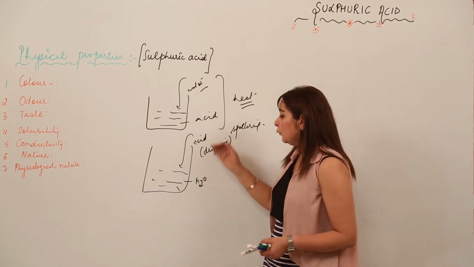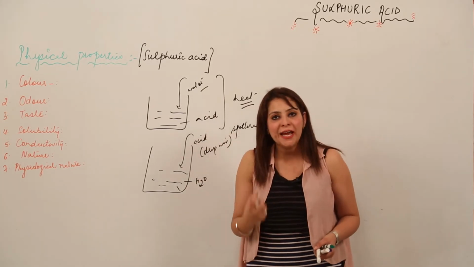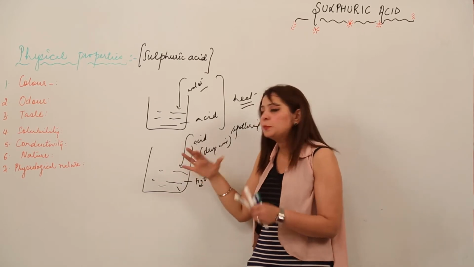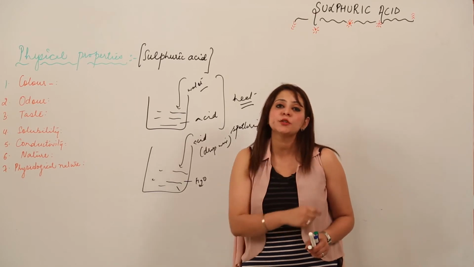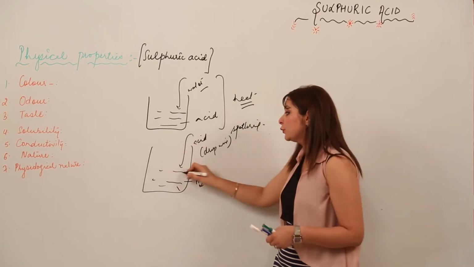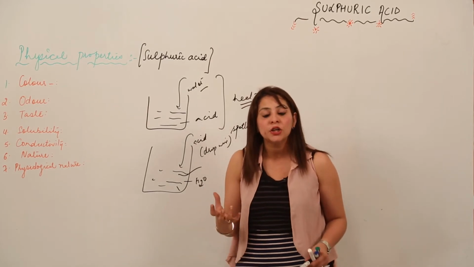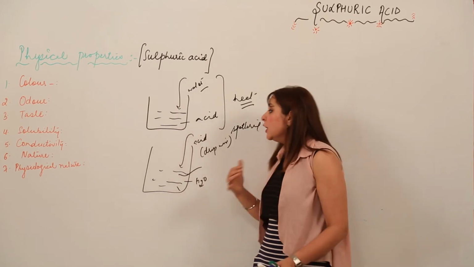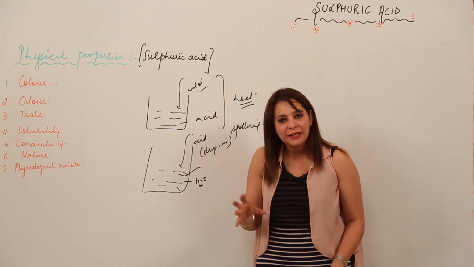Moreover, when we add acid to water, the acid molecules being dense just settle at the bottom. So spattering will not take place, but if in case spattering occurs, which substance is going to spatter? Obviously the water is going to spatter, so it will not cause the burning sensation. So in order to avoid these circumstances, we dilute it by adding acid to water drop wise with continuous stirring as well.